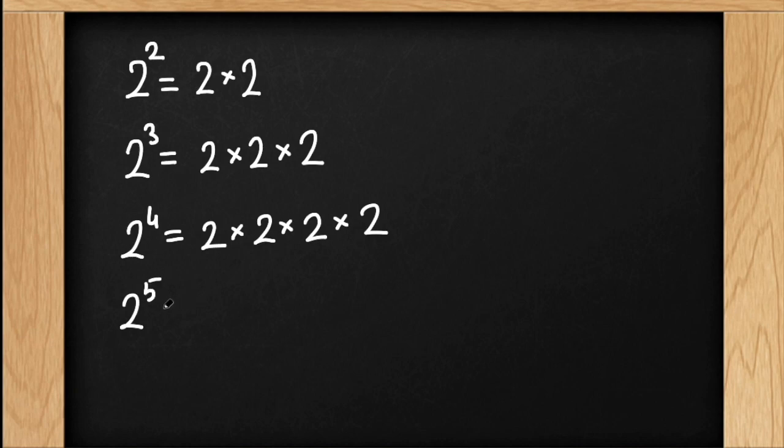And 2 to the fifth power is the same as 2 times 2 times 2 times 2 times 2. Exponents can save you a lot of writing when you need to show repeated multiplication. Exponents can be any number, 3 to the power 64th or 11 to the power 236.